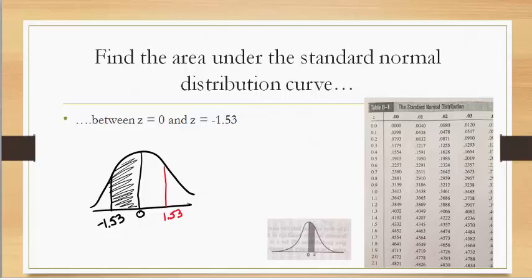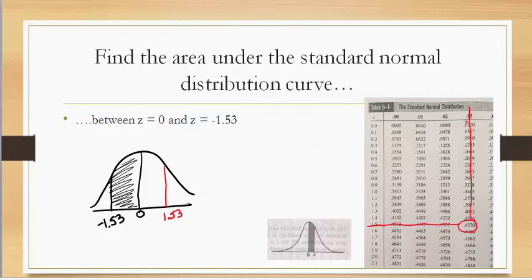And so if I go to my table now and I look up 1.53, remember that you're going to use the first two digits, so the 1.5, and the hundredth place digit across the top, so we'll use the 0.03, and we're going to intersect that row and that column, and we should be sitting at 0.4370.